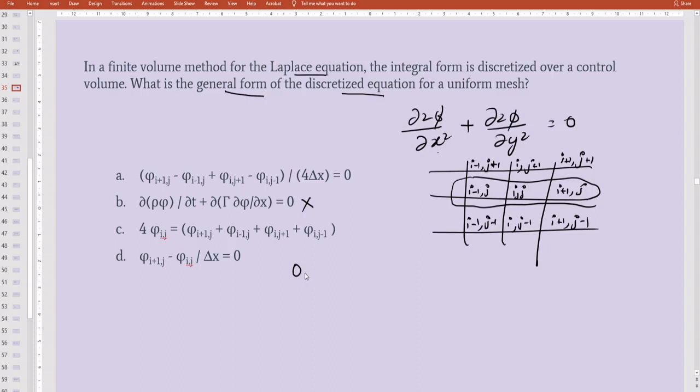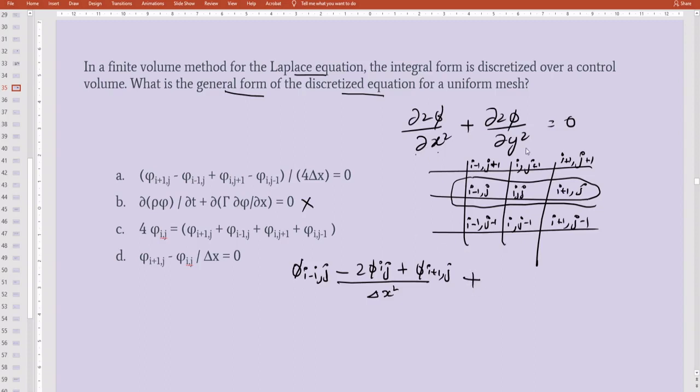It will be phi of i minus 1 comma j, minus 2 times phi ij, plus phi of i plus 1 comma j, by delta x square. This will be the discretization for our dou square phi by dou x square.